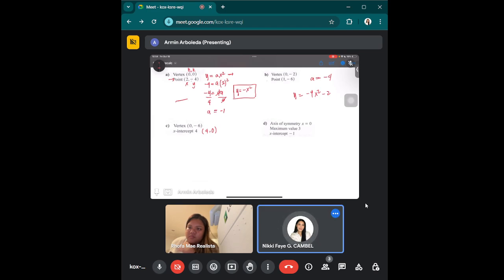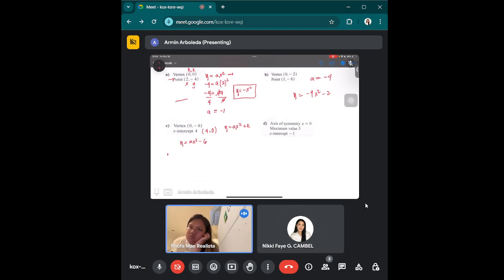So you have the standard form y equals a x squared plus k. What's our k here? It's negative 6. So let's start with y equals a x squared minus 6.